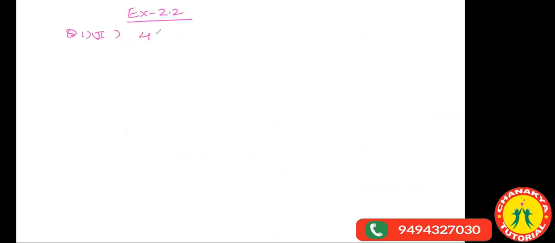This is 4s square minus 4s plus 1. Children, are you able to solve this question? Try to solve it. We just have to split it, right? First of all, split the middle term. Start doing.